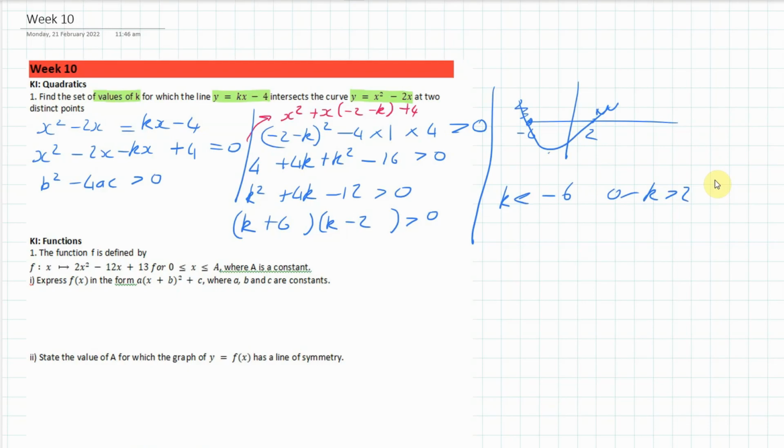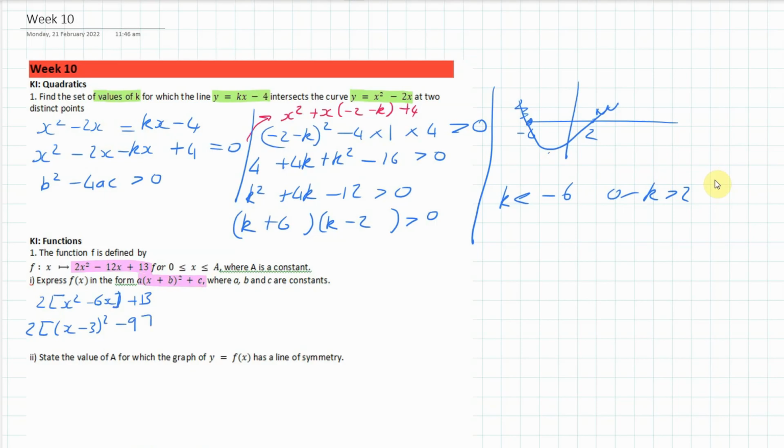The next one, we've got to write this function into a completed square version. So first step, I'm going to take out that factor of 2. I'm just going to leave that 13 outside the square brackets. Now I'm going to complete the square inside the square brackets.